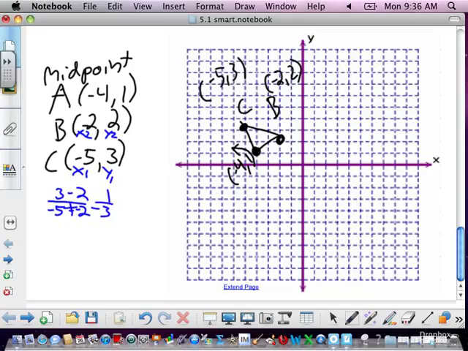A. So I'm going to go to A, and I'm going to do something really fun. I'm going to go down 1 over 3. And then I'm going to go up 1 over 3, just like we're making a slope, just like we're making a line, right? Right there. That is the coordinates of my new triangle. Weird, huh?